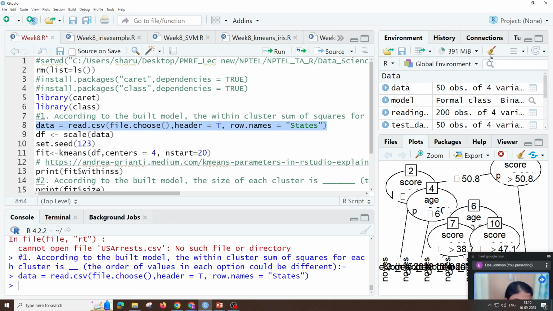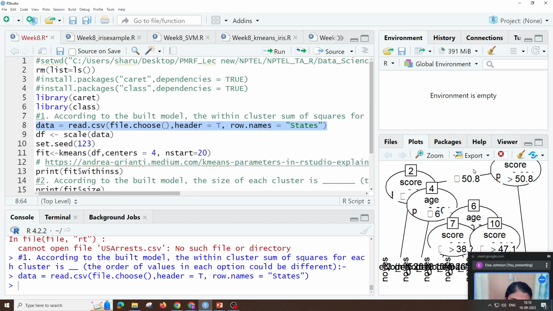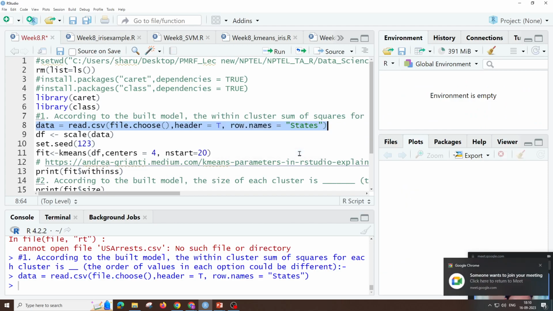Right now I'll just clear the environment once again.